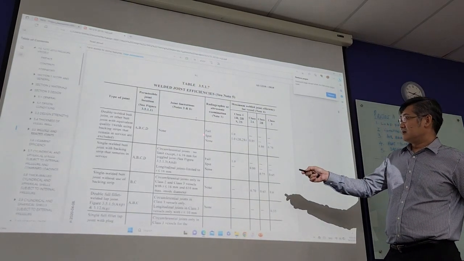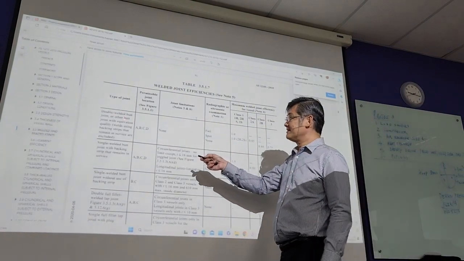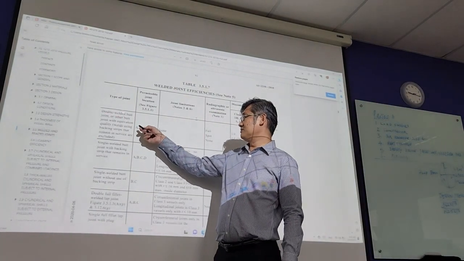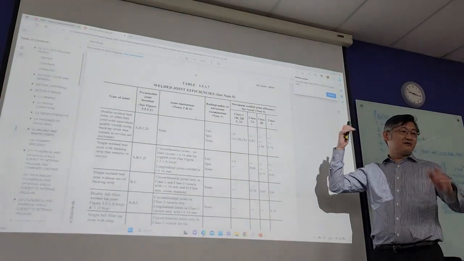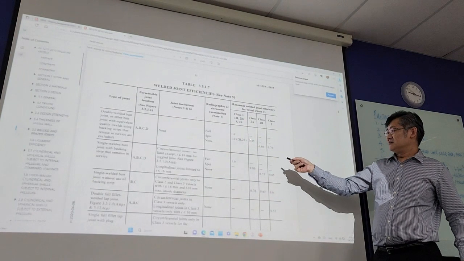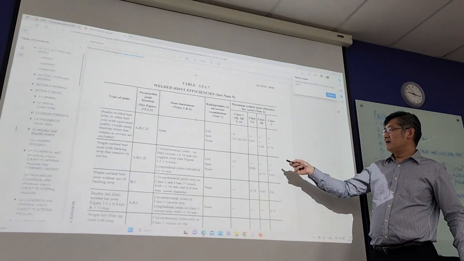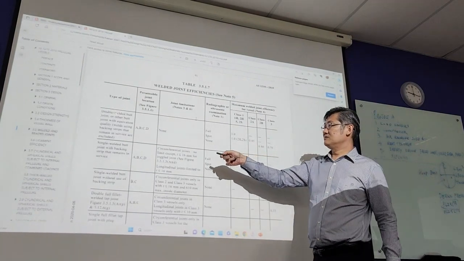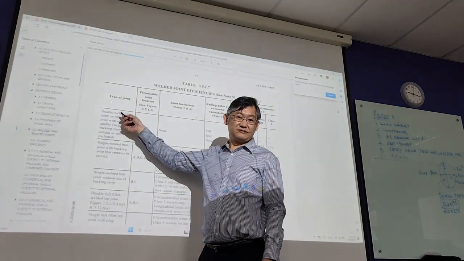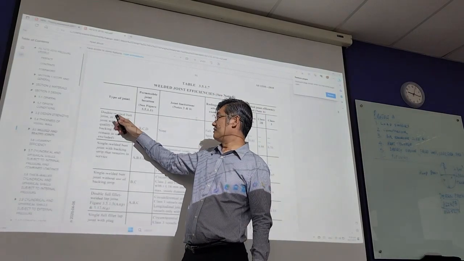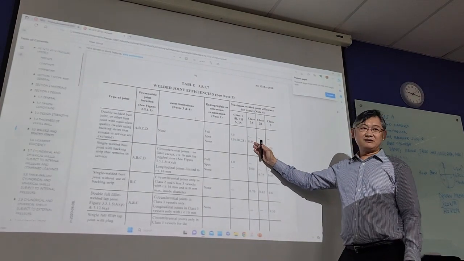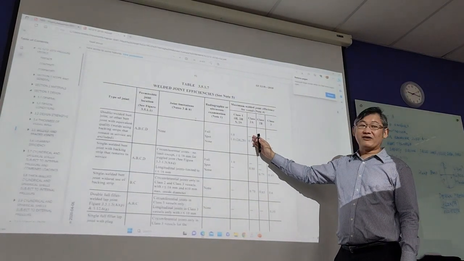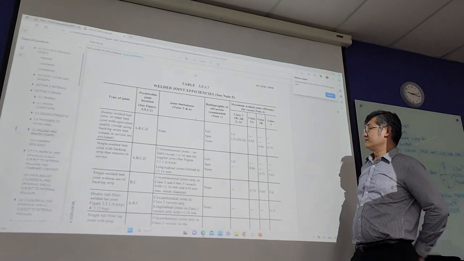So what welding type do you use? Double welded butt joint, 0.85. Just now we saw table 1.6, our weld efficiency 0.85. What type of welding joint do we use? Double welded butt joint. Already gave you the answer. Double welded butt joint is the answer to achieve 85% efficiency, 0.85.